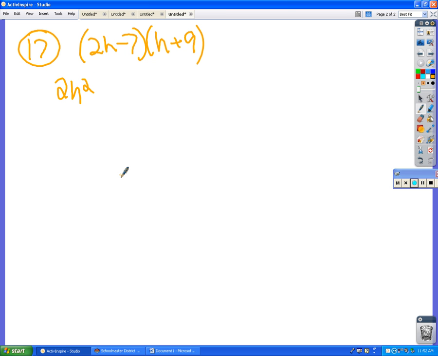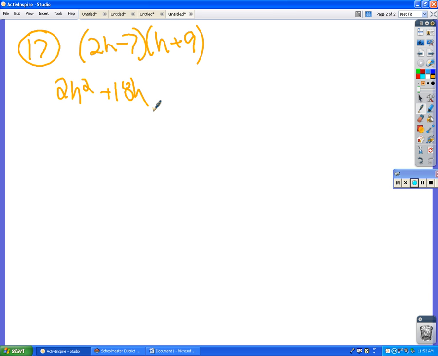Okay? Then what do I do next? The O stands for outer, so I need to do the outside terms together. So what is 2h times 9? No! What am I doing with these numbers? I am multiplying, not adding. So 2h times 9 is what, Jacob? Thank you, Jacob. 18h.